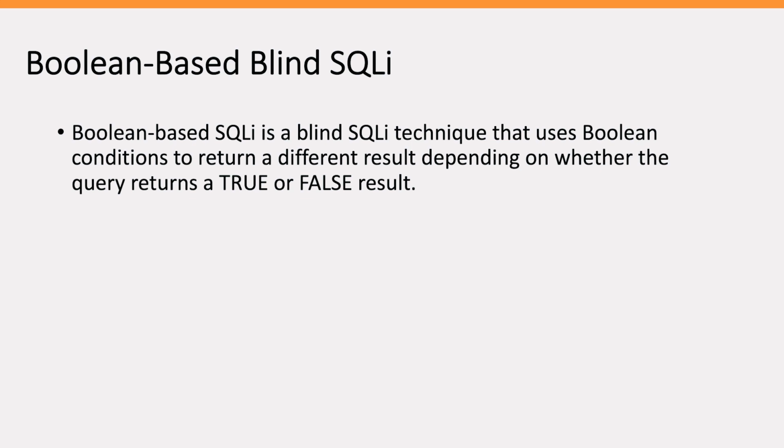So in simple English, again, the attacker sends different SQL payloads that ask the database true and false questions, and depending on how the database responds, you could infer whether the application responded with true or false. This is sometimes referred to as content-based blind SQL injection, so you'll see those two terms used interchangeably.